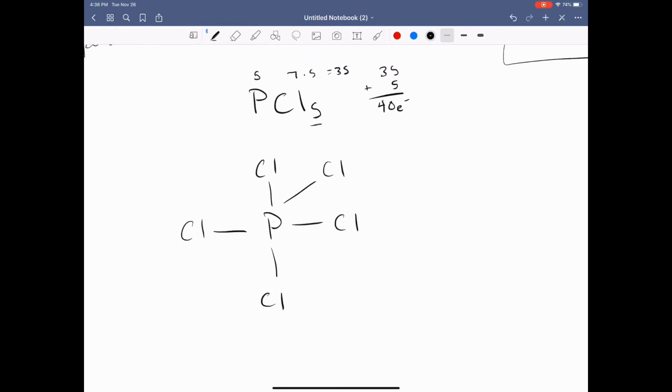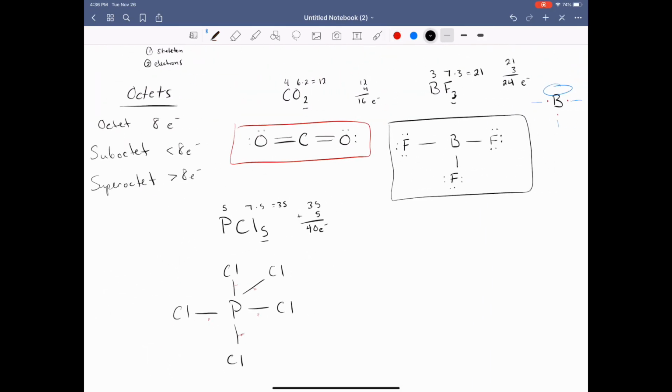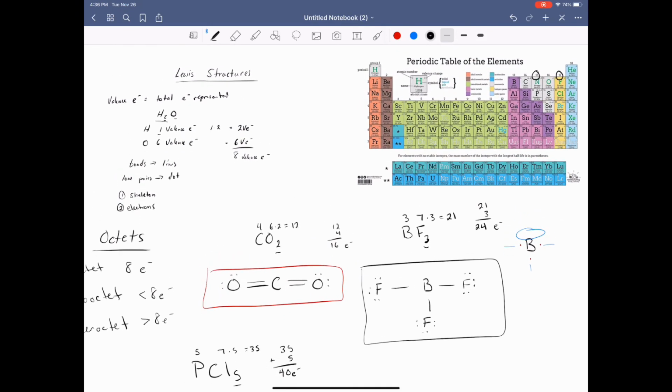Right off the bat, looking at this, you might say there is more than just an octet around phosphorus, because we have 2, 4, 6, 8, and 10. So this is another special case. Phosphorus is considered a superoctet.